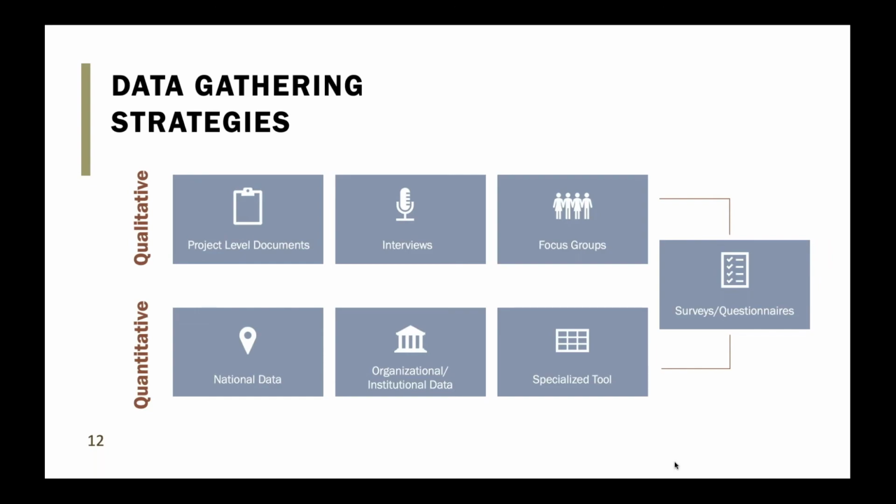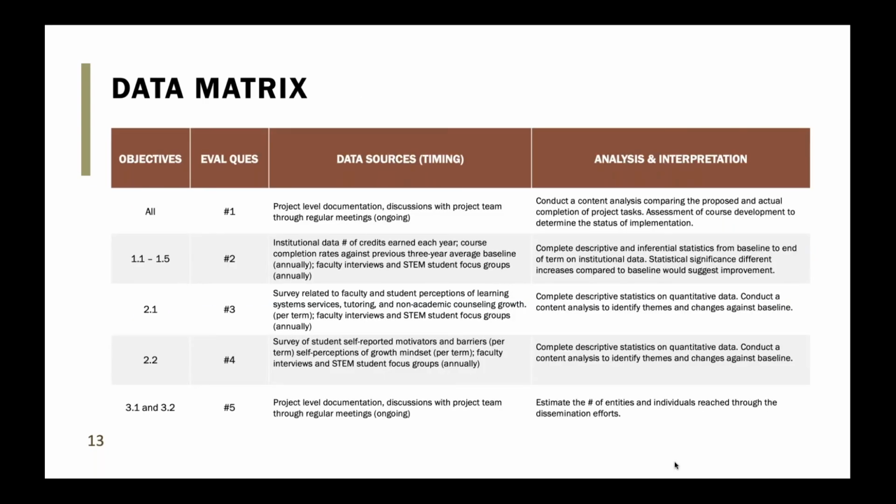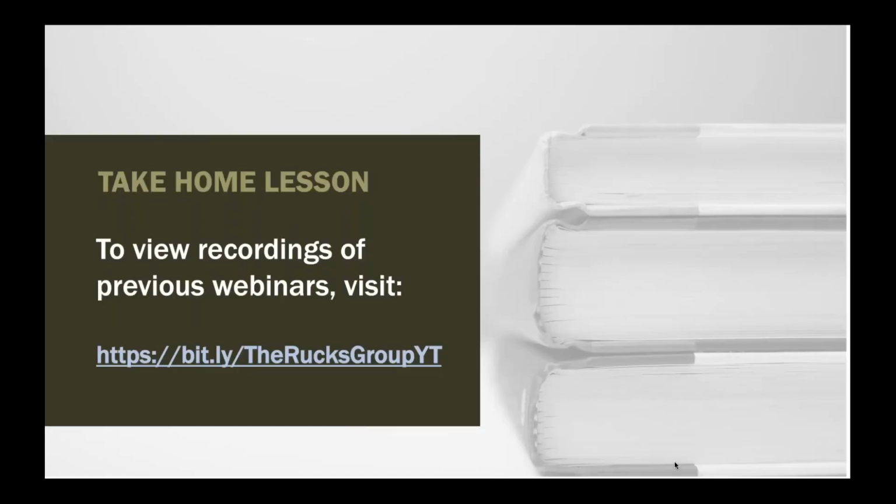And then we also introduced the idea of a data matrix. And in the data matrix you're able to present a lot of information that will connect the evaluation questions as well as the data gathering and the analytical approach together.